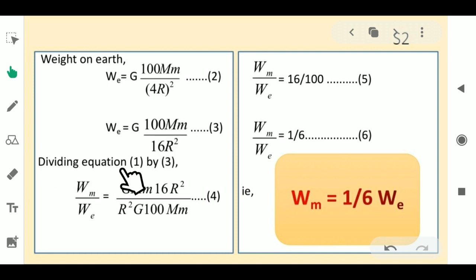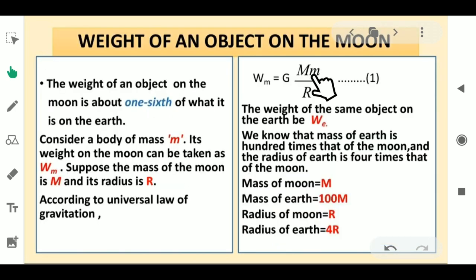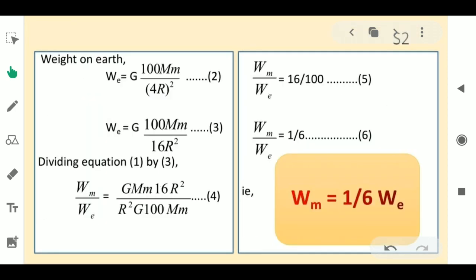Then dividing equation 1 by equation 2. Equation 1 by 2 means the first equation by the second equation. Then you will get Wm divided by We is equal to GMm times 16r square, whole divided by r square times G times 100Mm. So cancel the same terms, G, r square, M, m. The remaining things: Wm divided by We is equal to 16 by 100.